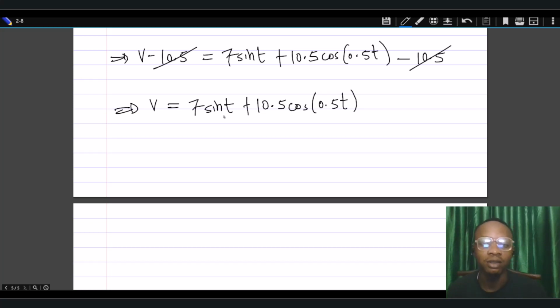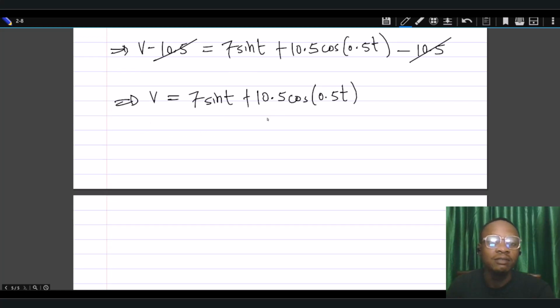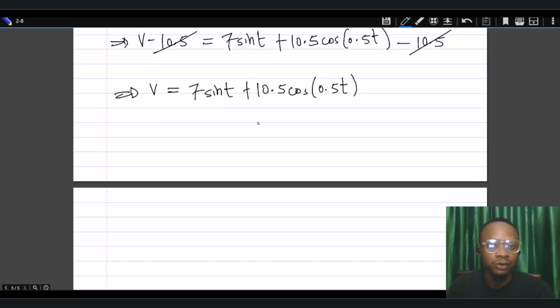If there's a turning point within that interval, then we have to find the distance the body has traveled from zero to that point, then from that point back to when time t was 5, and then we sum up all of those distances to get the total distance traveled. So the challenge before us is to evaluate what happens when v, that is the velocity of this body, is equal to zero.